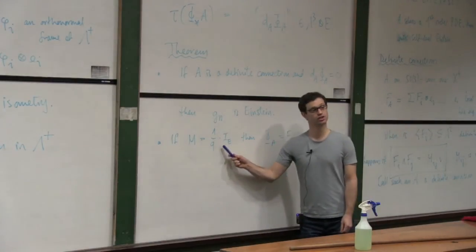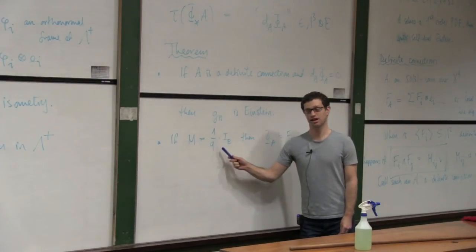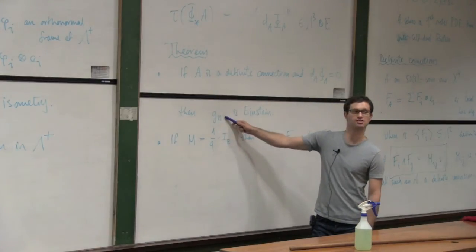But this is a first order condition in A. And this first order PDE implies that g_A is Einstein.